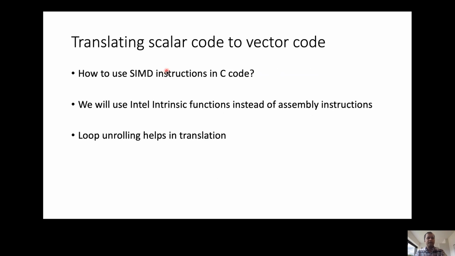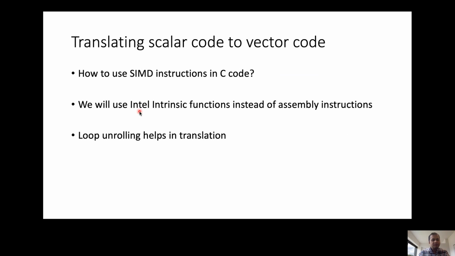Now we'll see how to translate scalar code to vector code. Scalar code means it does not use vectorization. How do we manually translate? We'll look at that in more detail: how to use these SIMD instructions, and we'll see some examples to do load, store, add, multiply, and so on in C code using Intrinsics.